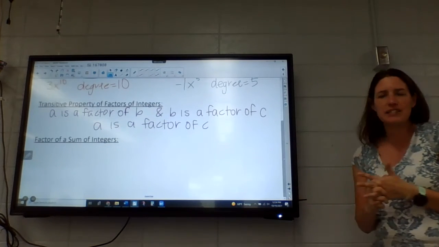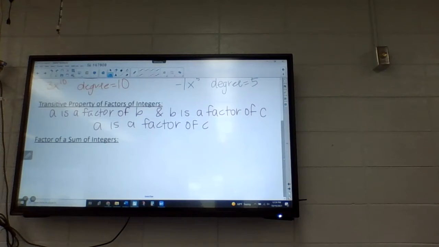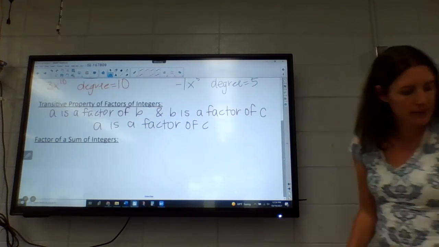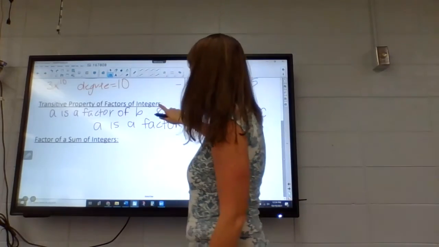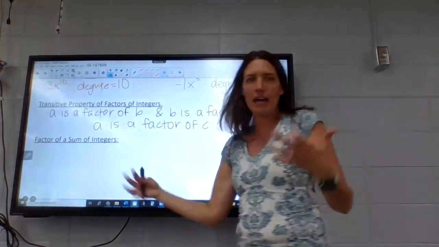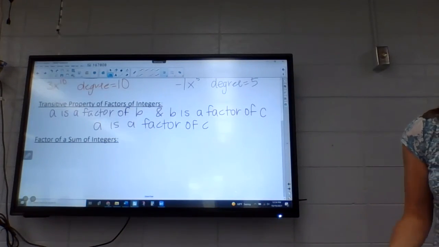The factor of a sum of integers is the next one, and it's kind of bizarre that this works out this way. Again, we don't have to rattle these out, just be comfortable with them.